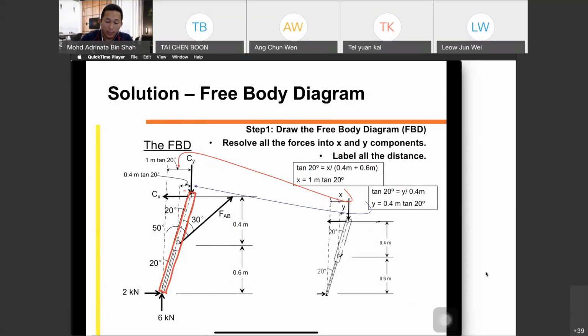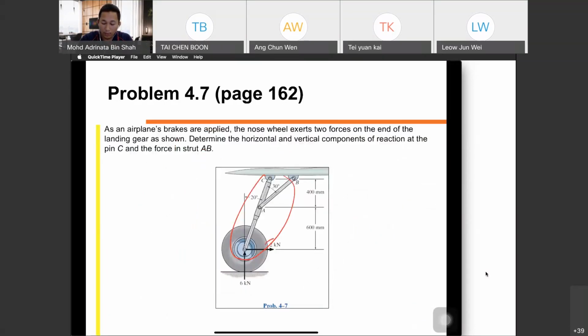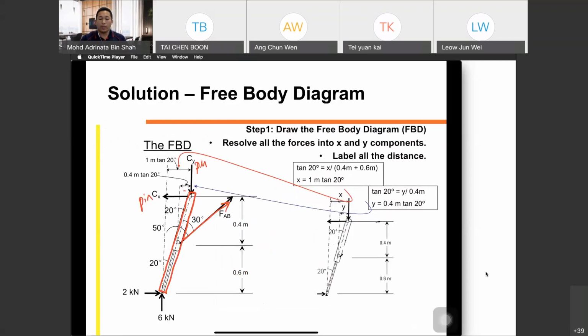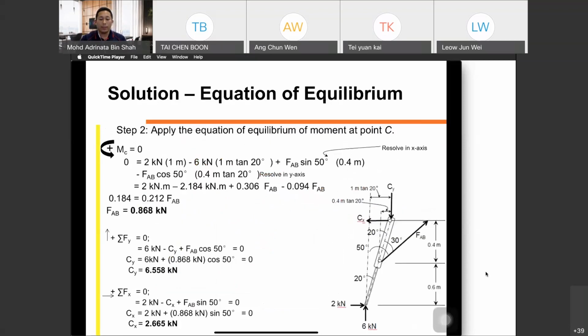Okay, this is pin at C, and this is the strut bar. Okay, and then you have another force. This one, external forces. So selesaikan juga dan buat equations of equilibrium and you can solve the equation.